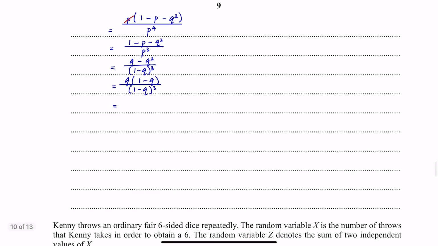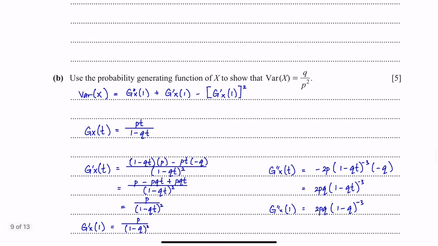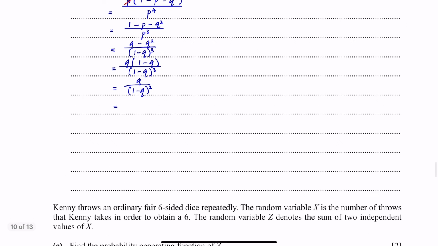So we have q over 1 minus q squared. And the format they want would be q over p squared. So we have to change 1 minus q into p again. So q over p squared would be our final answer.